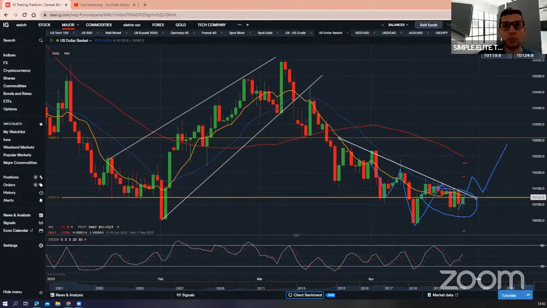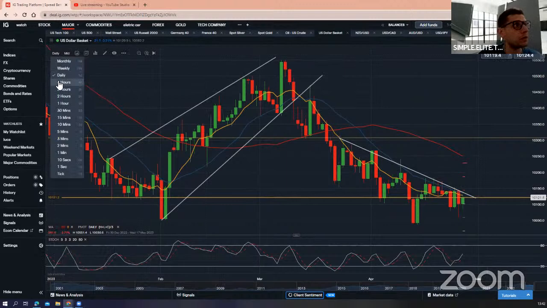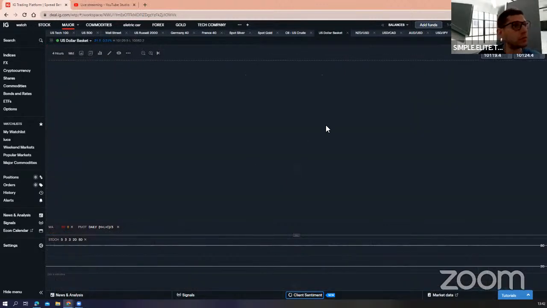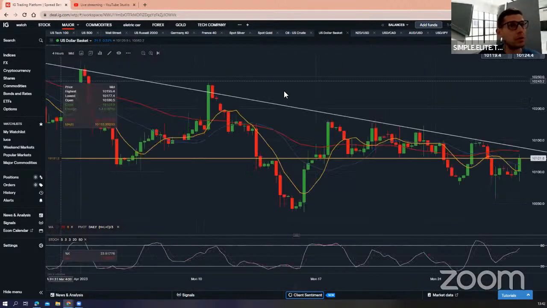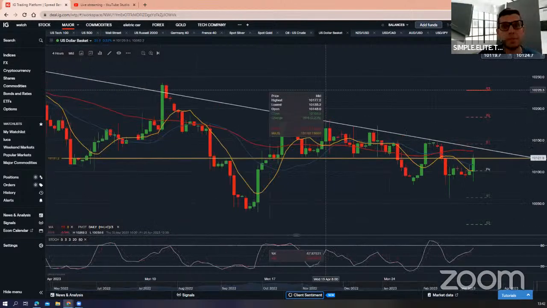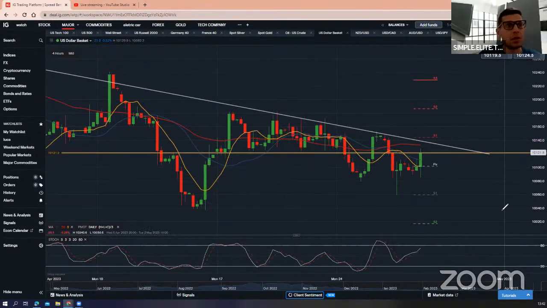I have to see a better picture. If we drop down to the 4 hour time frame, we see some buyers stepping in, which is this one. So if the price breaks higher, I could probably see some dollar strength.